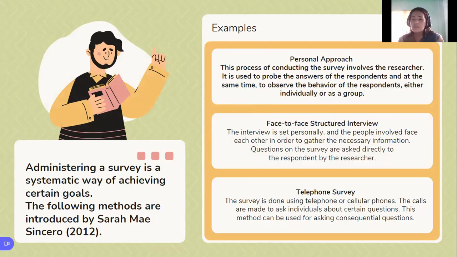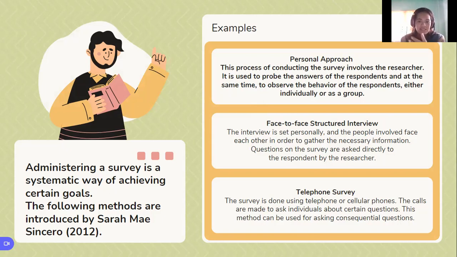And so for face-to-face structured interview, the interview is set personally and the people involved face each other in order to gather the necessary information. That is when you as a researcher and the respondent are in a face-to-face situation.